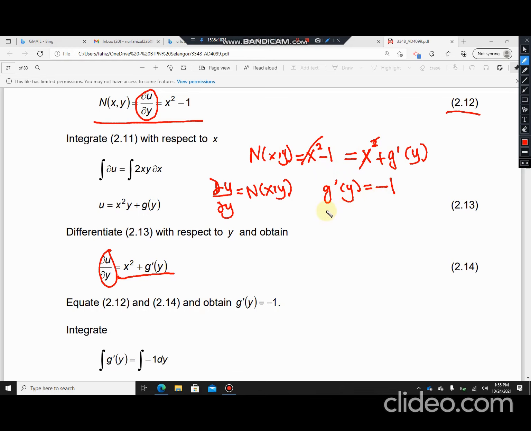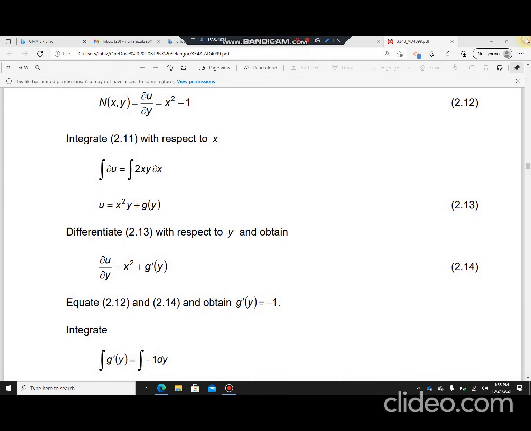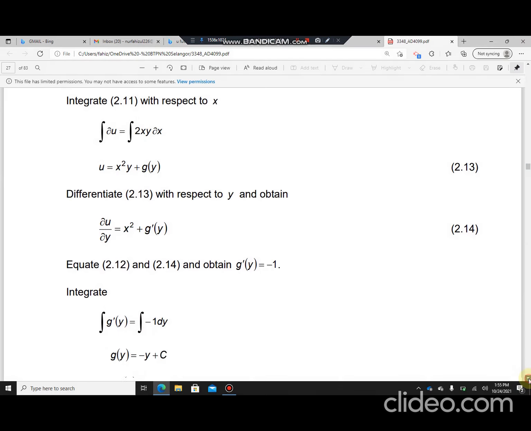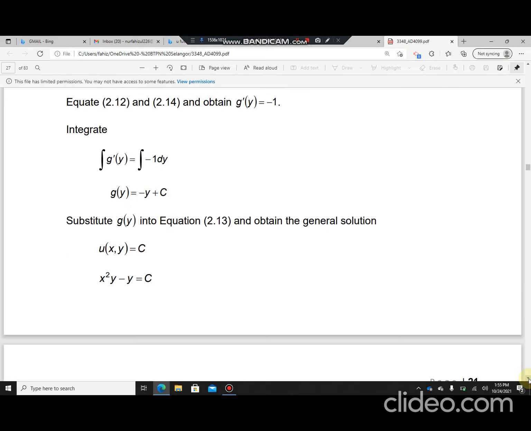Okay, so nak dapatkan g(y) kita akan integrate kiri, bila awak integrate yang ni, awak akan integrate juga sebelah kanan. Integrate g prime y, you will get g(y), and then integrate negative 1 respect to dy, you will get negative y and then plus c because c just a constant.